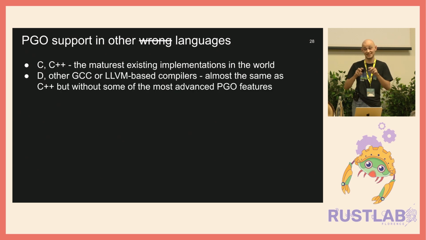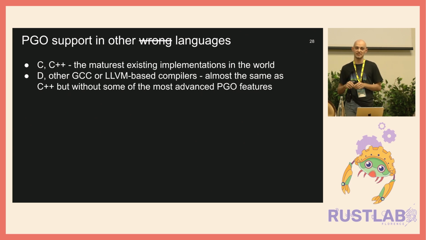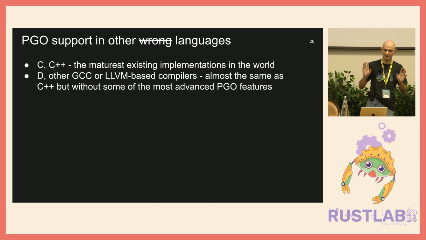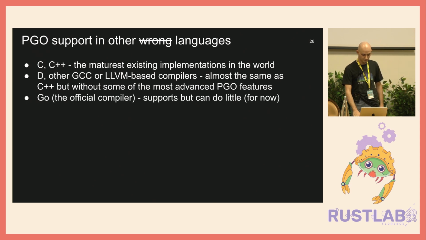Other downstream compilers, let's see, D, Rust, other LLVM-based compilers, are almost the same as C++, but without some of the most advanced features like CSPGO and so on. That's a bit more advanced stuff, and at least for the start, you don't need them.